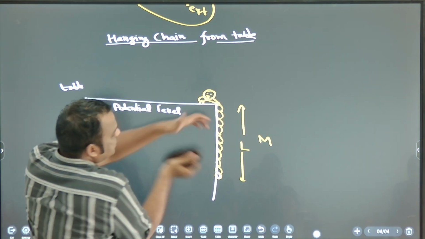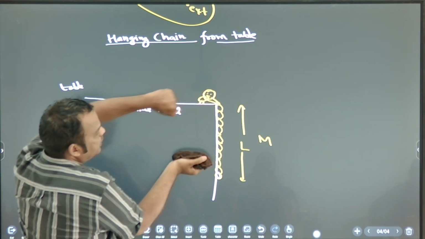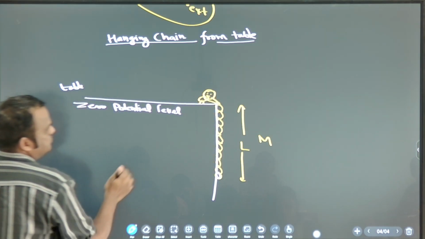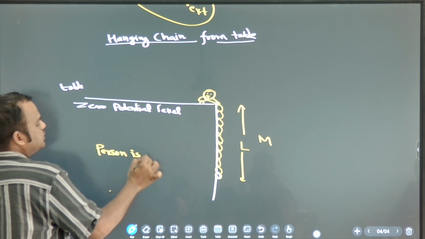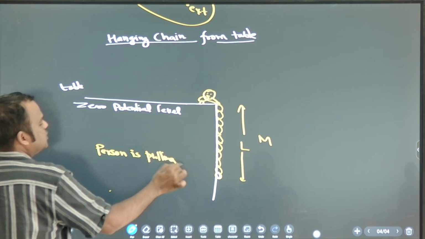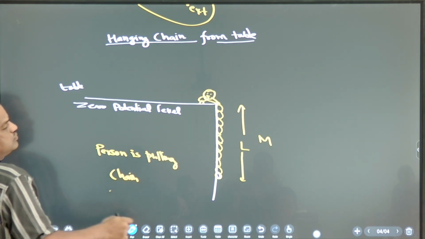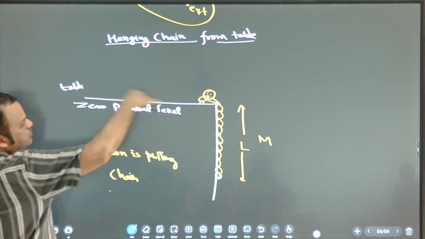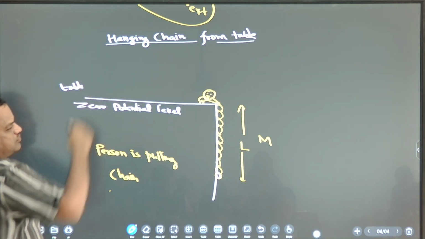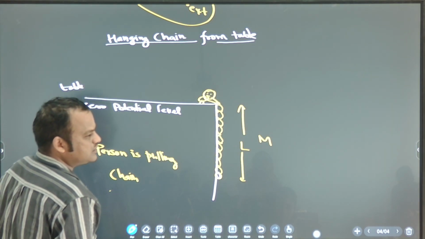The person is holding it like this and pulling it. The person is pulling the chain, and where to put it? On the table.